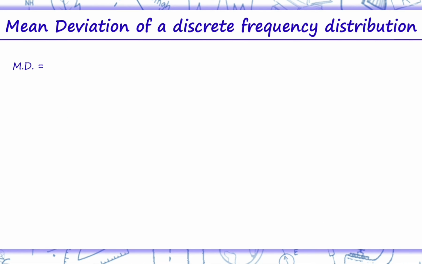Now coming on to the mean deviation of a discrete series. When we are provided with a discrete series, again we have two types of mean deviation: one is about median and the other is about mean.